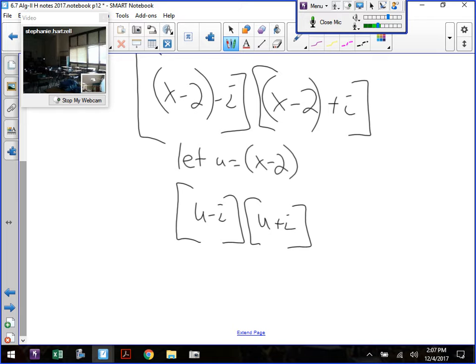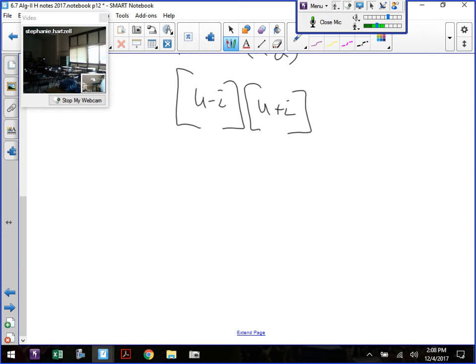It's not junk squared. It's a difference of squares, isn't it? So as you FOIL that out, then you get a difference of squares. So if you FOIL this, you get u squared minus i squared. What was u in this problem?